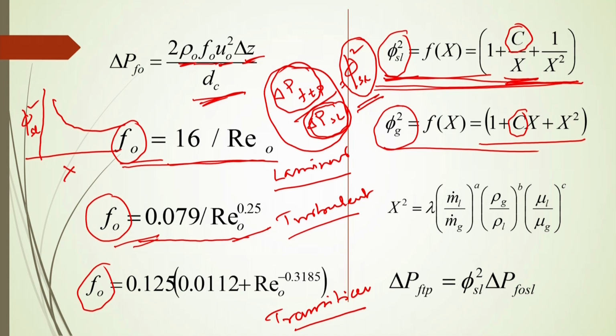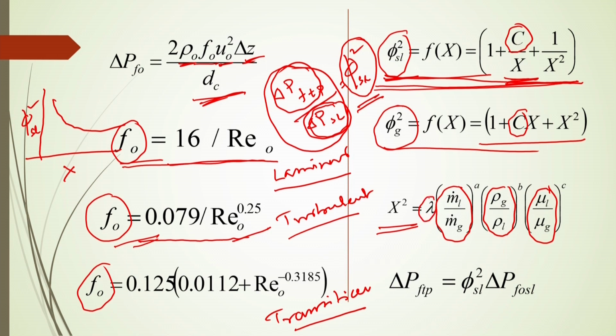Another system they had given, or that x square, this Lockhart-Martinelli parameter is a function of the ratio of liquid to gas mass flow rate, and then the density ratio of gas to liquid, and the viscosity ratio of liquid to gas here.